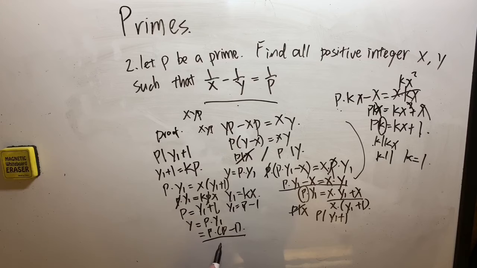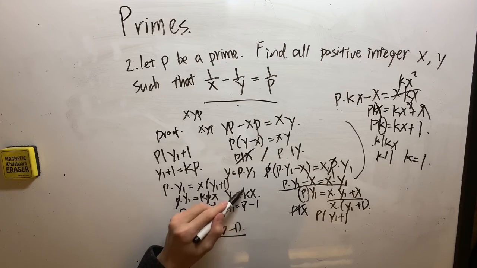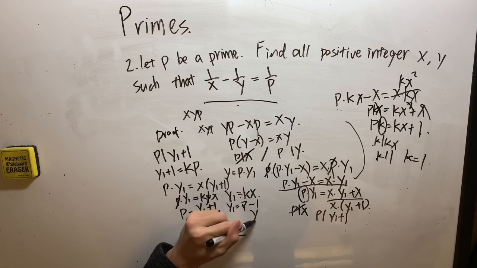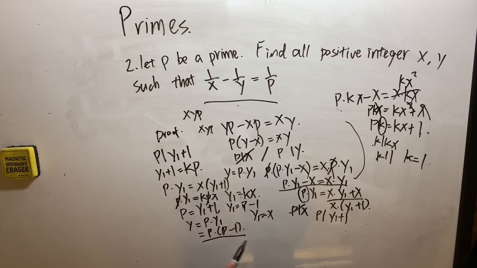Now we have a formula for y, so we need to find x. We have y1 equals kx. When k equals 1, then y1 equals x, and y1 is p minus 1. So x equals p minus 1. Now we solve the question. For any prime p, we have x equals p minus 1, and y equals p times p minus 1.